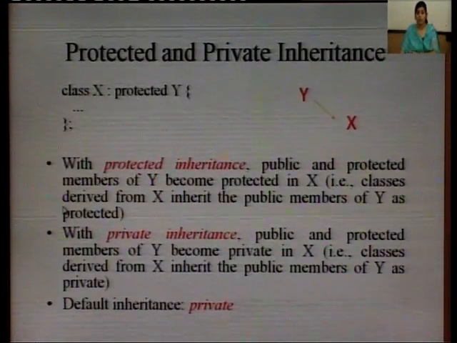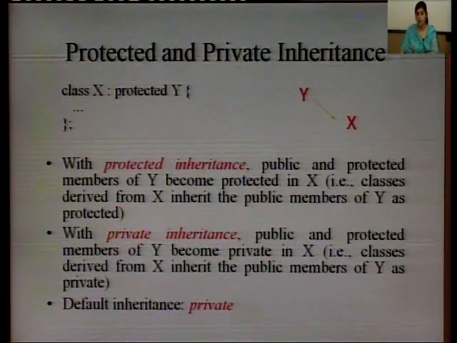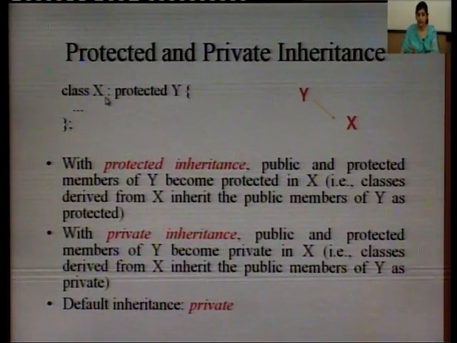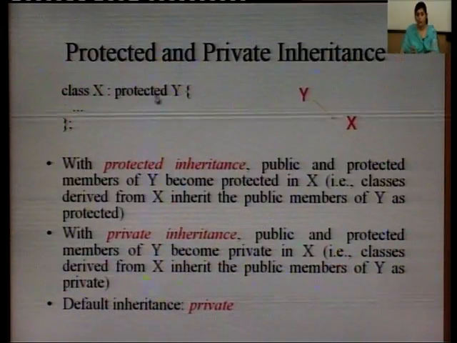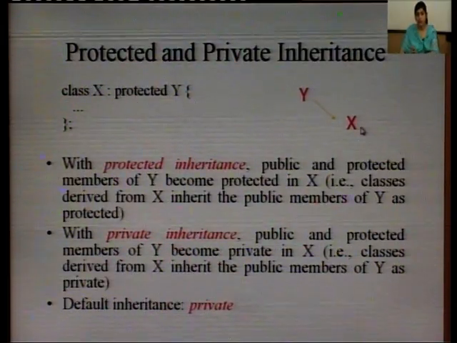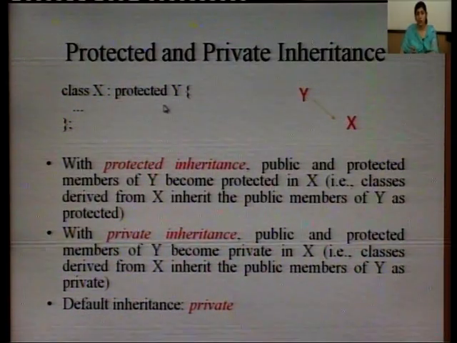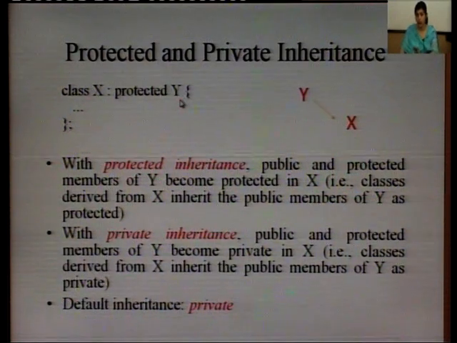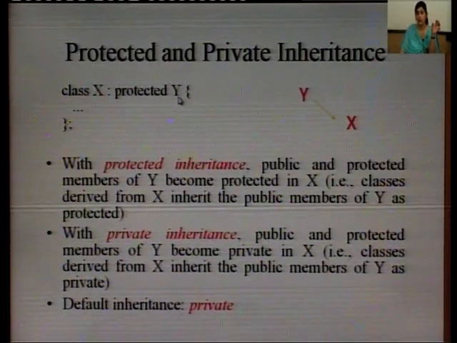Now, protected and private inheritance, how can you declare it? The syntax to declare class inheritance is that you use the class keyword, class X. Here is a class that is named X, and you are declaring another class Y, like protected Y. Means this X is inherited from this base class Y. This syntax is showing that we have already declared a class named Y, and we are deriving a new class from that Y class named X, and this colon is used to inherit the properties of the already declared class.